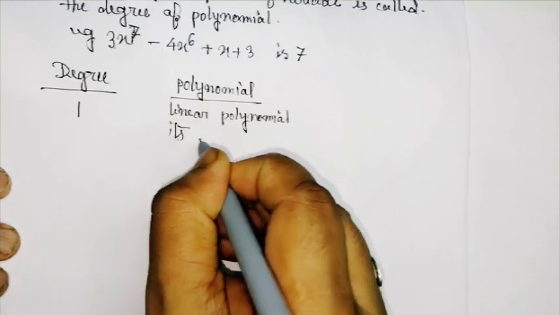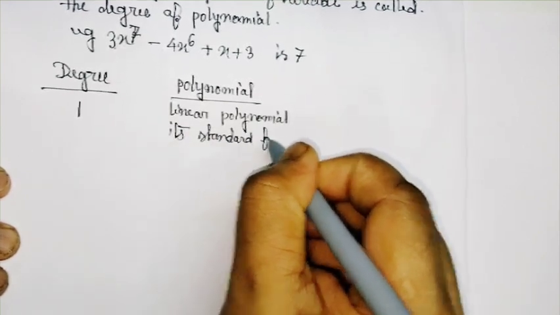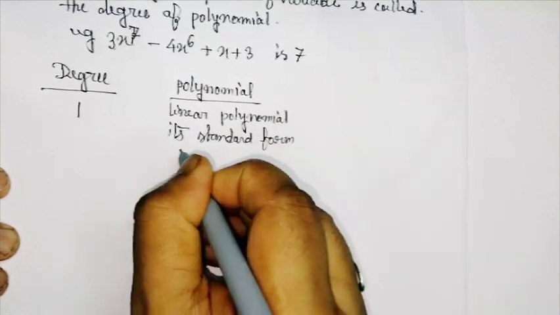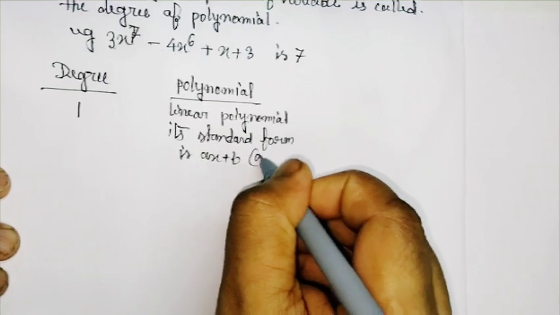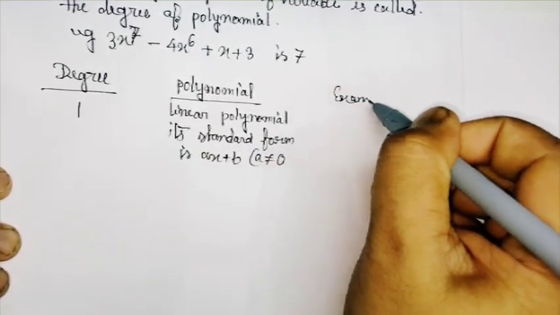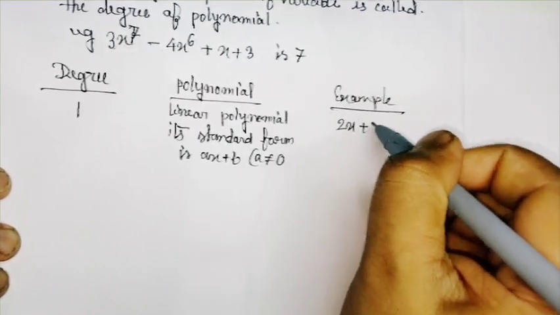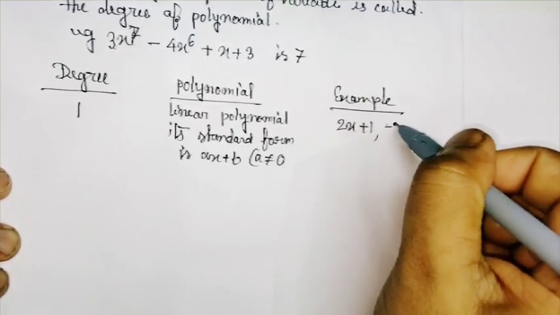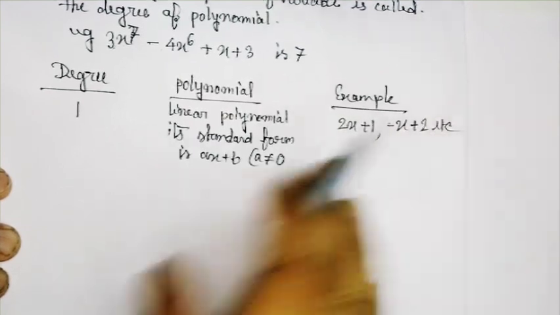Its standard form is ax plus b, where a is not equal to 0. For example, 2x plus 1, minus x plus 2, etc.